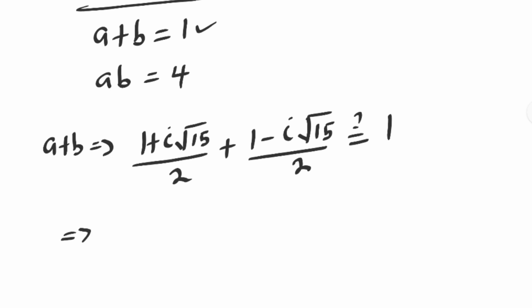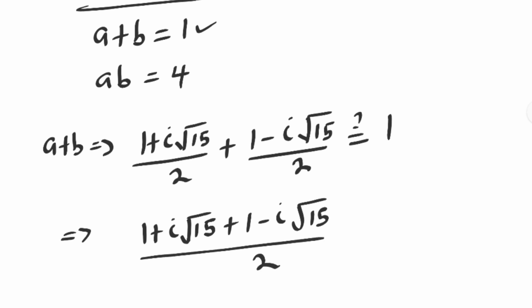This can be written as 1 plus i square root of 15 plus 1 minus i square root of 15 all over 2 must be equal to 1. This cancels this.